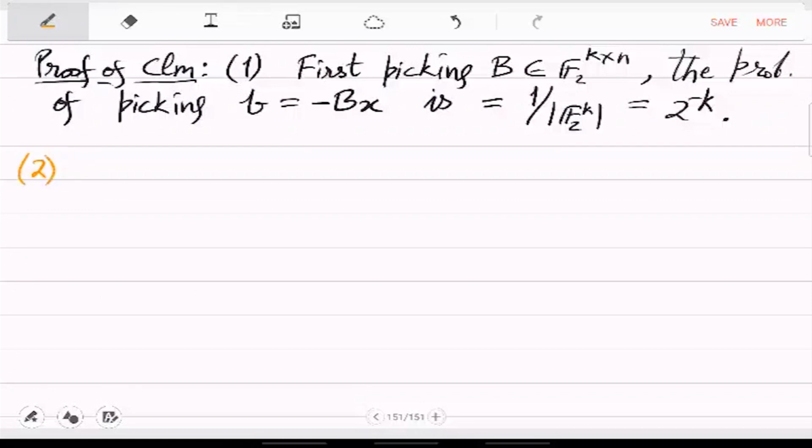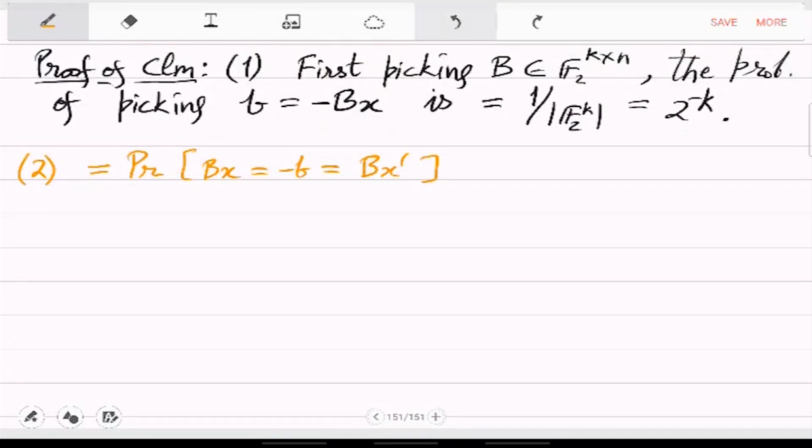So the second one we are interested in: Bx plus b and Bx prime plus b, both of them should be 0. So that probability is equal to Bx is minus b, which should also be Bx prime, right? That's the equivalent condition.